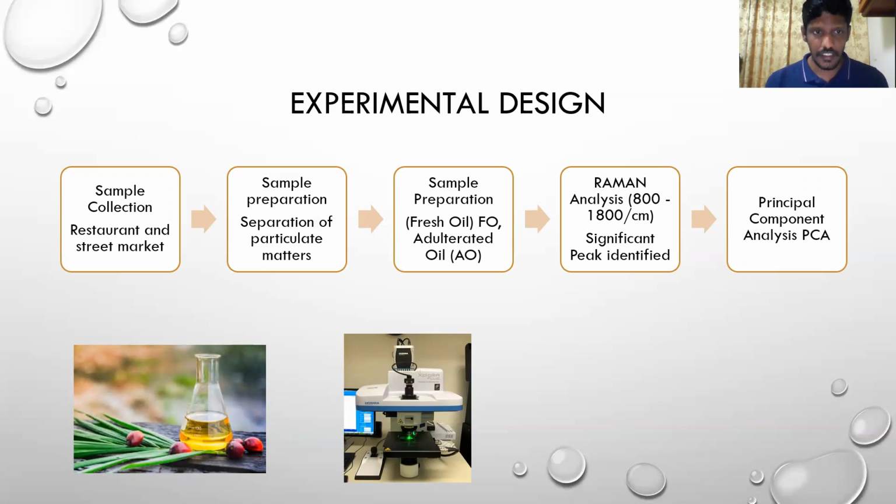The next is sample oil collection from street vendors. For this, I limit myself to collecting oil from specific food producers only, where only starchy food producers are selected. The reason behind this is because deep frying meat products releases protein juice from the meat into the oil, which will give rise to unwanted peaks in the analysis.